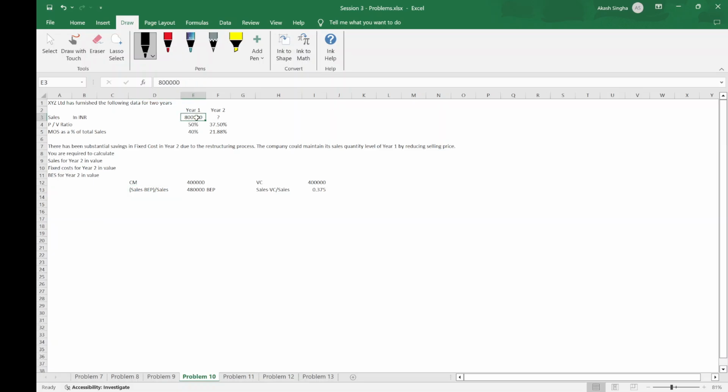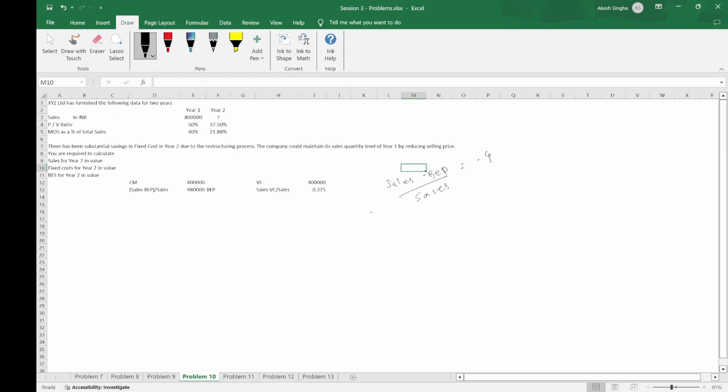So previously in year one, the sales were 8 lakh and the PV ratio was 50%. So variable cost was 50% of 8 lakh, which is 4 lakh, right? And margin of safety means sales minus BEP by sales, which was 0.4, right?